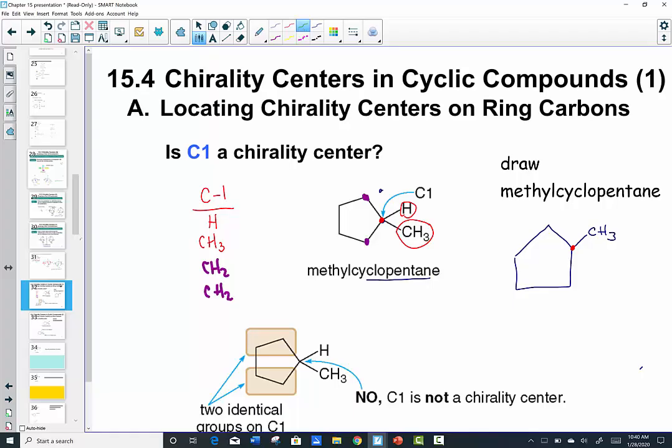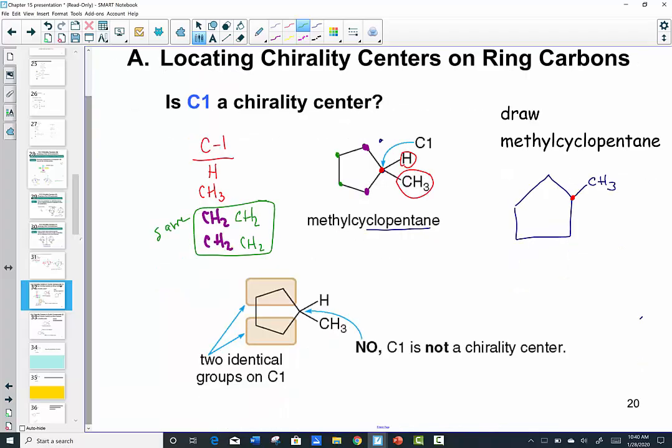Go one further. If I go one further, it's still a CH2. No point of difference, and I've run out of carbons. Therefore, these 2 attachments are the same, and therefore that does not meet the criteria of being a chiral center. It only has 3 unique attachments. It requires 4. So I do not see a chiral center in methylcyclopentane.